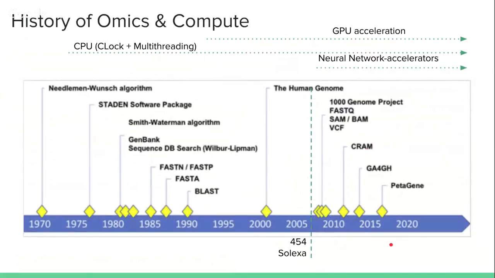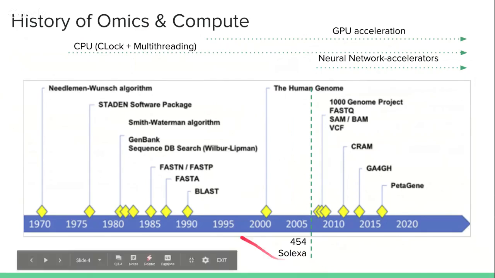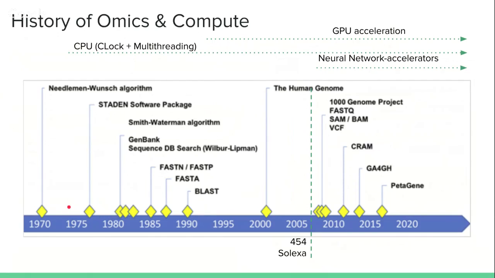To put a little bit of this in context, in the history of omics, together with compute, in the 1970s to 80s, we started accumulating with the scientific community a few DNA and protein sequences, amino acid sequences, to start studying at the molecular level these parts of biology, DNA, RNA, and proteins.